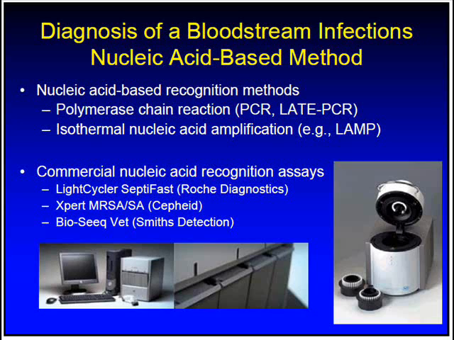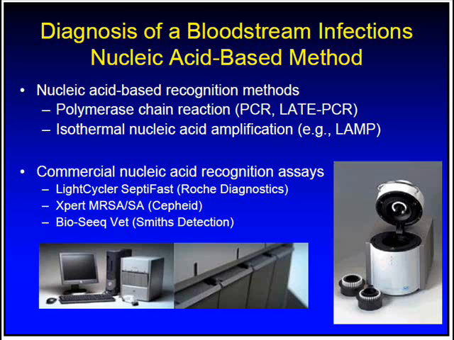Some other new technology includes linear-after-the-exponential PCR, or LATE-PCR, a novel derivative of PCR technology that is presently incorporated with Smiths Detection's BioSeq multiplex pathogen detection platform for veterinary and clinical diagnostic application.